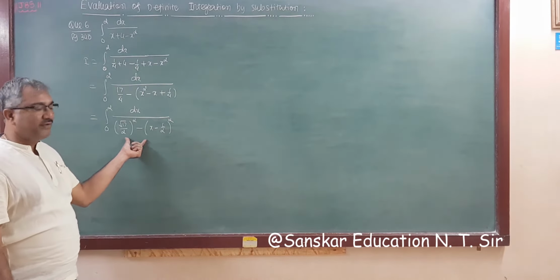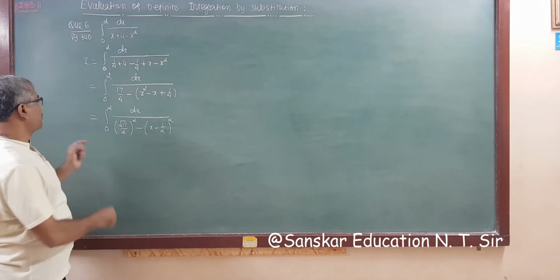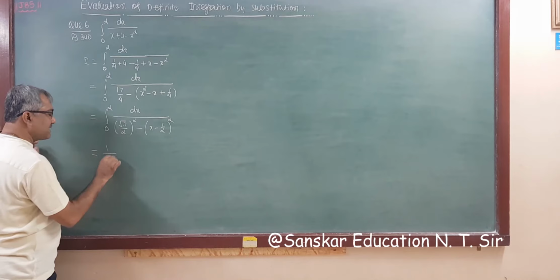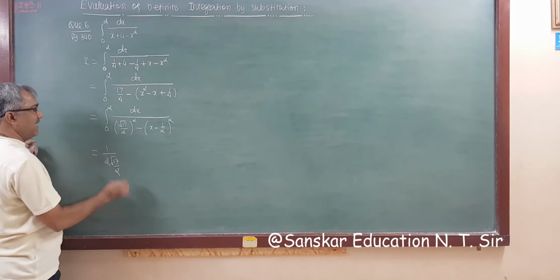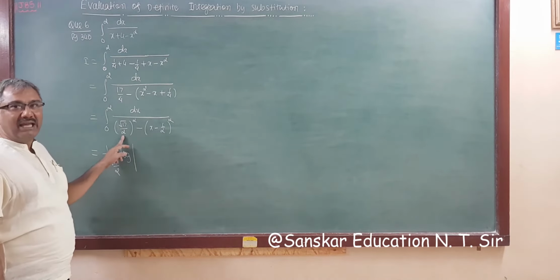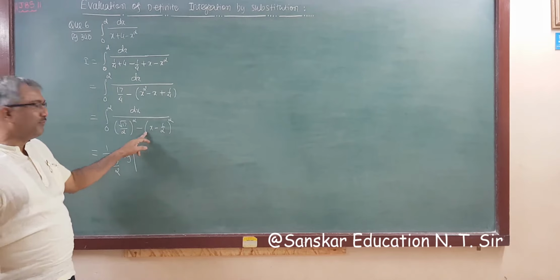So the answer will be 1 upon twice a, and here 1 upon twice a is root 17 by 2. Log mod of a square minus x square gives a plus x upon a minus x.